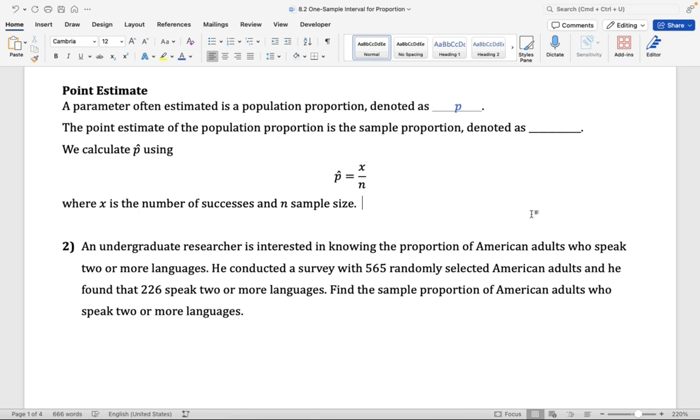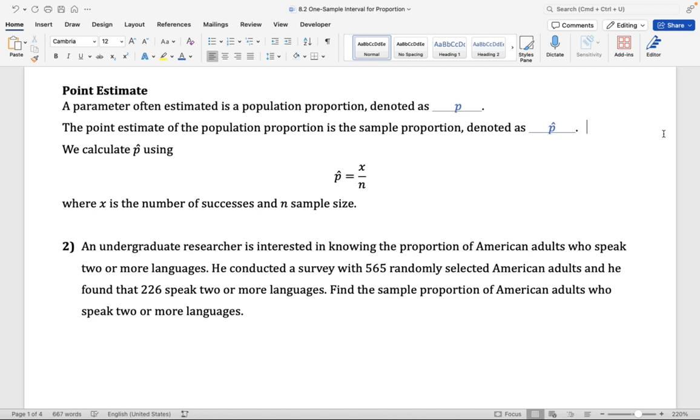As I have mentioned before, in most cases, it's impossible to study the whole population, so we have point estimates to help us estimate parameters from the population. A point estimate of the population proportion would be a sample proportion, a proportion coming from a sample. The sample proportion is denoted as P hat.